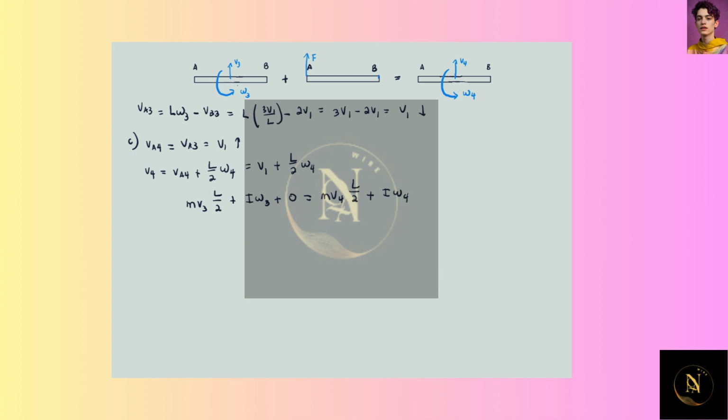So, substituting the values that we have, this becomes M times 1/2 V1 times L over 2 plus 1 over 12 ML squared times 3V1 over L equals M times V1 plus L over 2 omega 4 times L over 2 plus 1 over 12 ML squared omega 4.